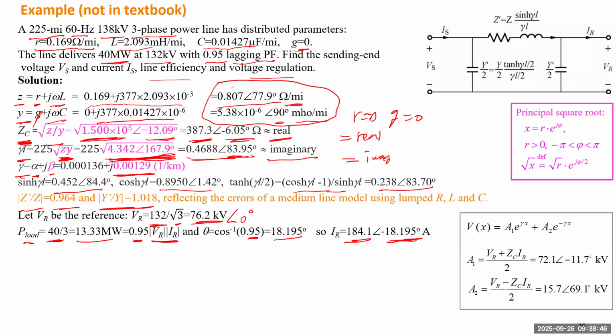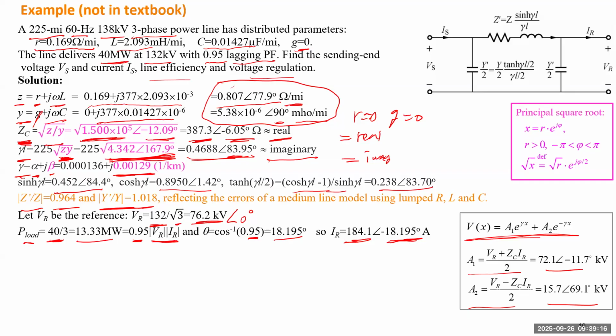Next, to calculate the voltage on the sending end, we go back to the accurate formula. We know A1 and A2 have been solved here, so you can plug in the values of IR, VR, and ZC. We will get A1 and A2 as two coefficients, each with unit of kV. We'll come back to this formula later, maybe next week, when we talk about wave propagation along the line.